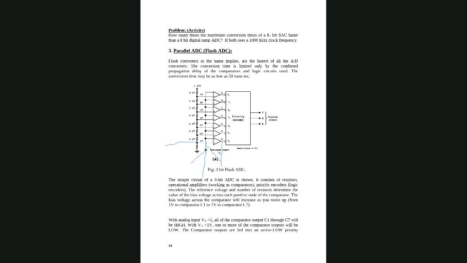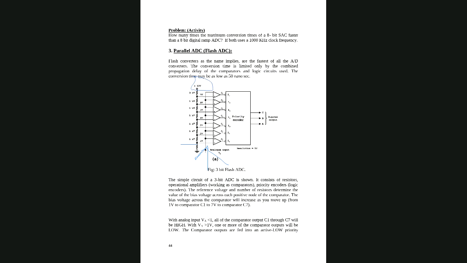So now the first step is what? This is my input VA. I will consider different values of the input, and I will check what will be the comparator output. Now these values are fixed. Why is it fixed? Because the resistance I will not change. It depends upon the resistance and the total voltage here, so they will not change.